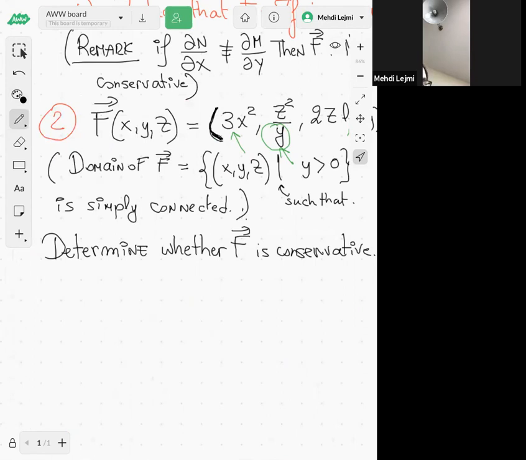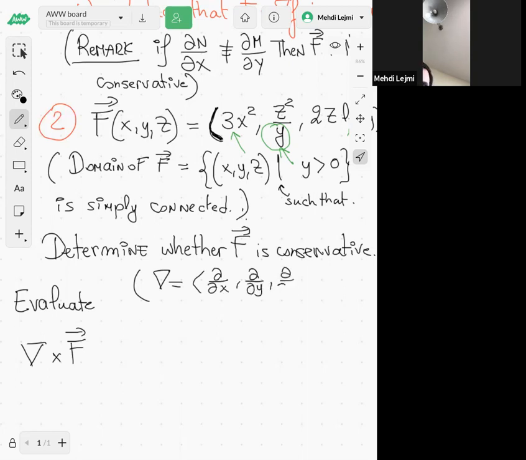So we need to evaluate the curl of F. That's the cross product of the del operator with the vector field F. Again, let me just remind you of the del operator. You can see the del operator as a vector, so it's just partial x, partial y, and partial z. So for the curl of F, the cross product: in the first row, we're going to have i, j, k.